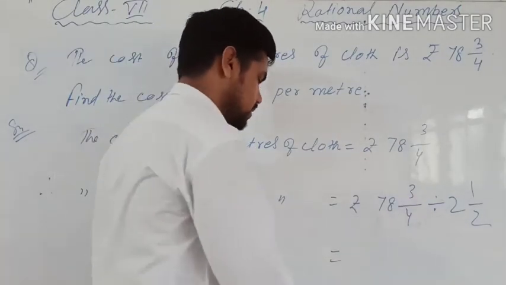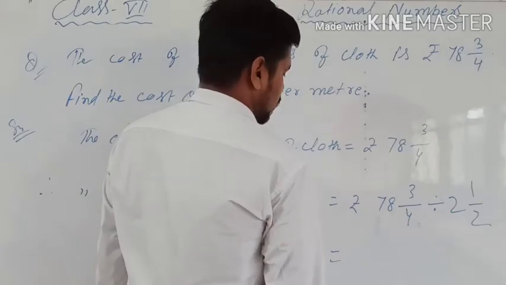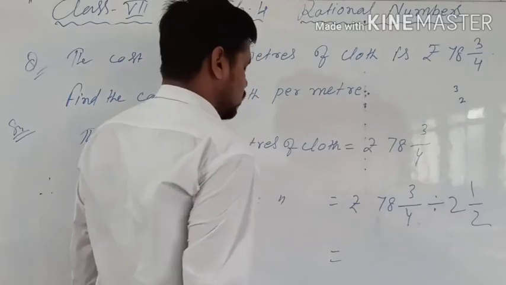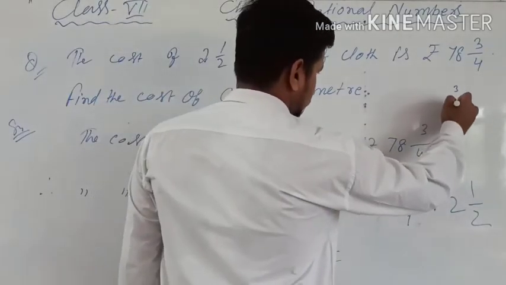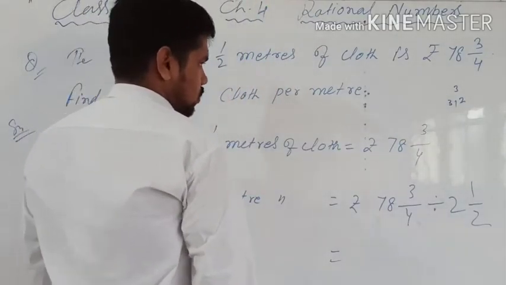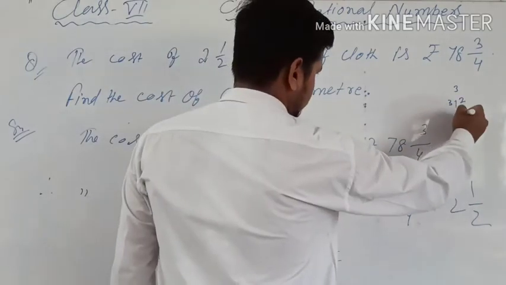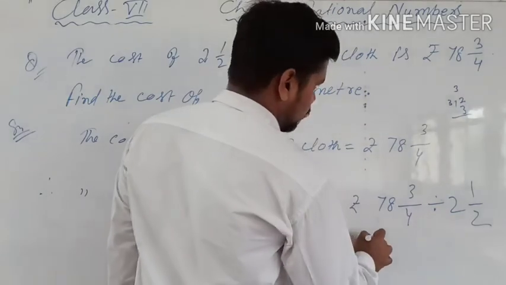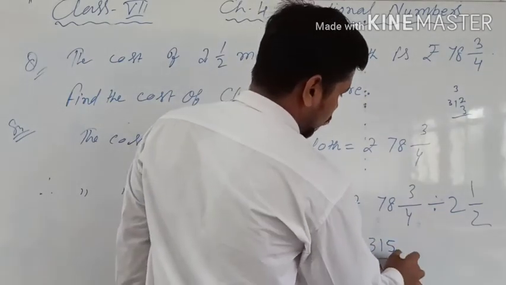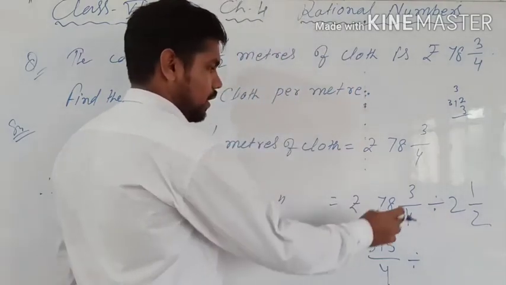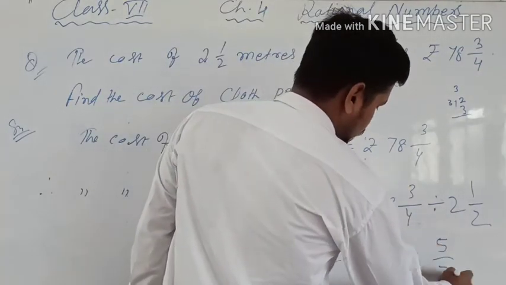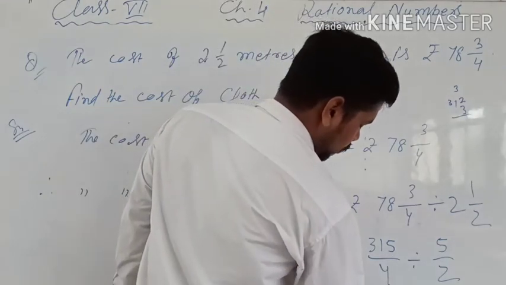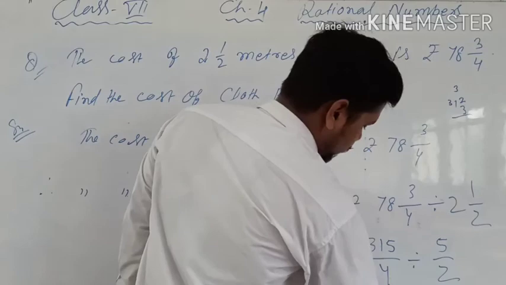So let's check how much it is. 8 4s are 32, 3 carry, 31, 302 plus 3, so it will be 315. So 315 divided by 4, divided by 5 by 2. The reciprocal of this you have to find out now. So 315 divided by 4 multiply 2 by 5.